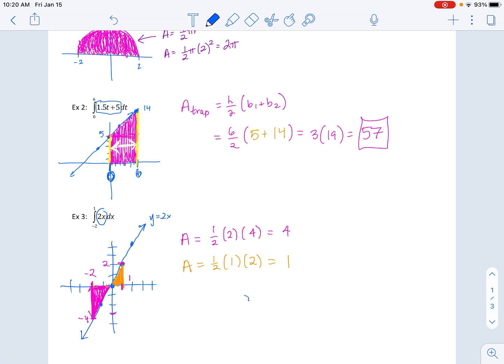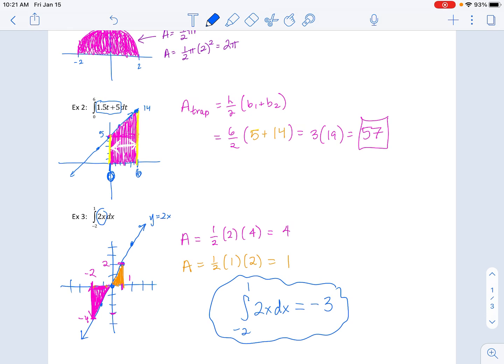So what we're going to do when we write down the answer to the original question, the integral from -2 to 1 of 2x dx, our actual answer to this integral is -3. I want you to think about why we would put -3 as an answer.